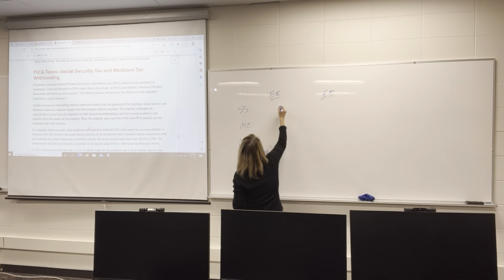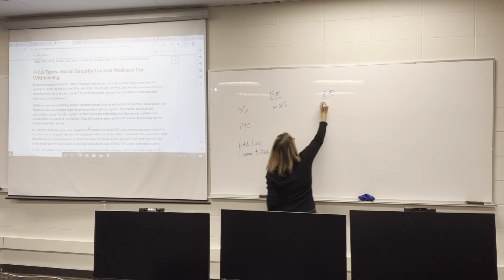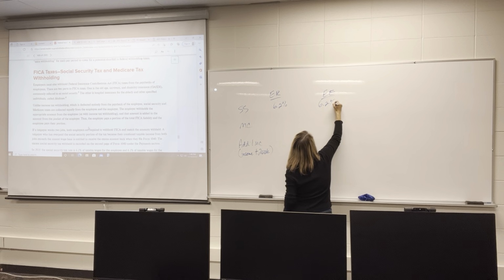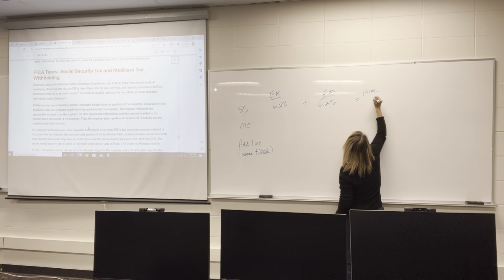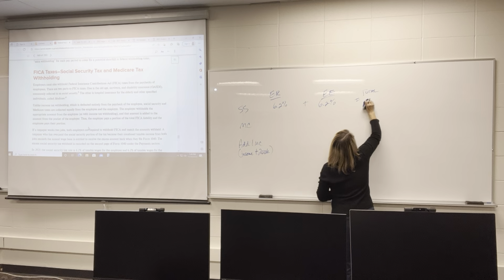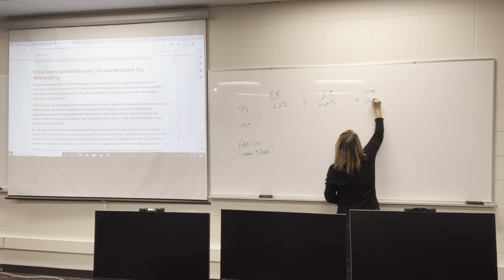Okay. So tax rate for Social Security, 6.2%. Employee pays 6.2% and the employer pays 6.2% for a total of 12.4%.